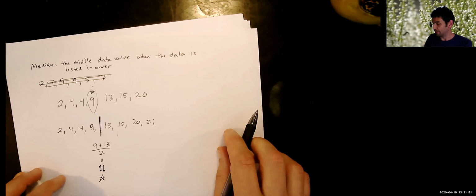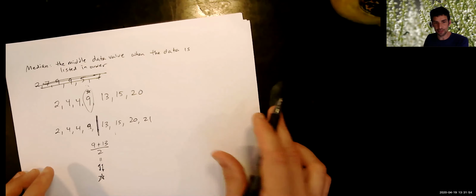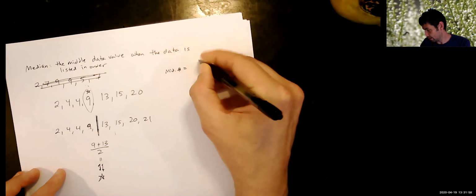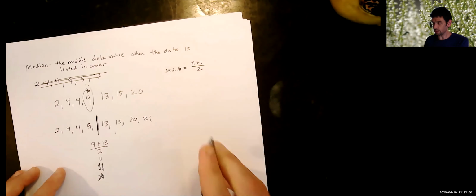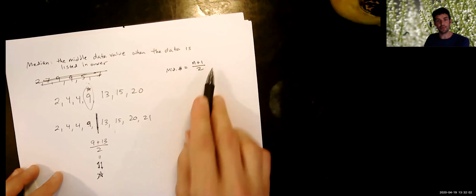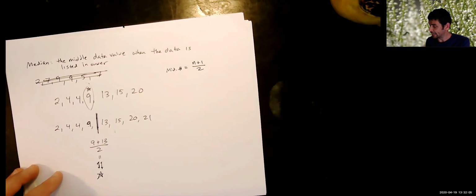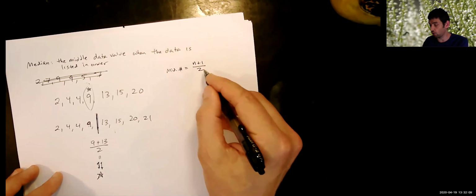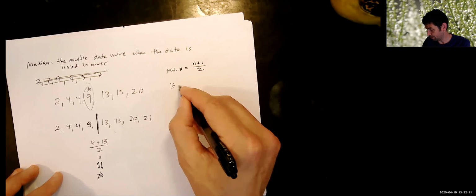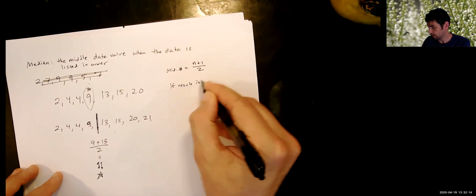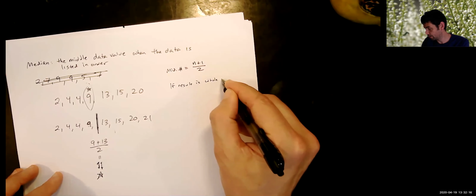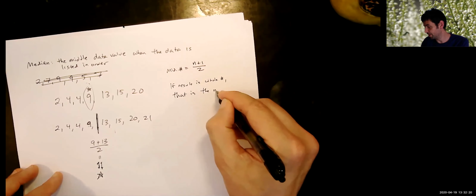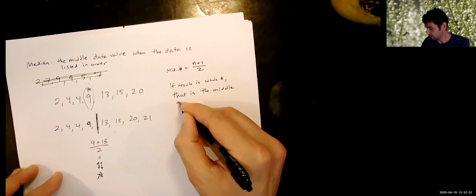So there's a simple formula for finding the middle number, right? The number of data plus 1 divided by 2. The idea is if the result is a whole number, that is the middle of the data.